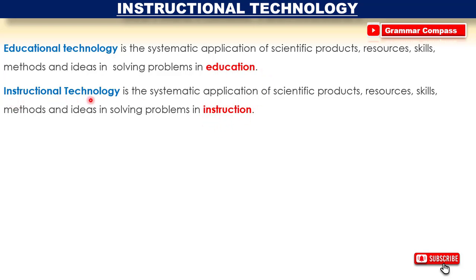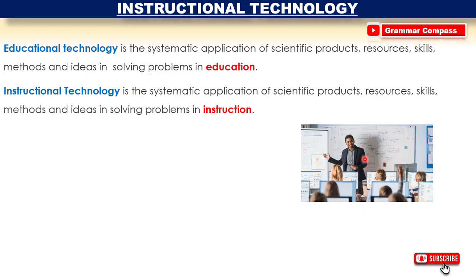Instructional technology is focused in solving problems that arise in the classroom where teaching and learning occurs. But educational technology is focused in solving problems in education as a whole by using scientific products, resources, and ideas. That is the difference between educational technology and then instructional technology.